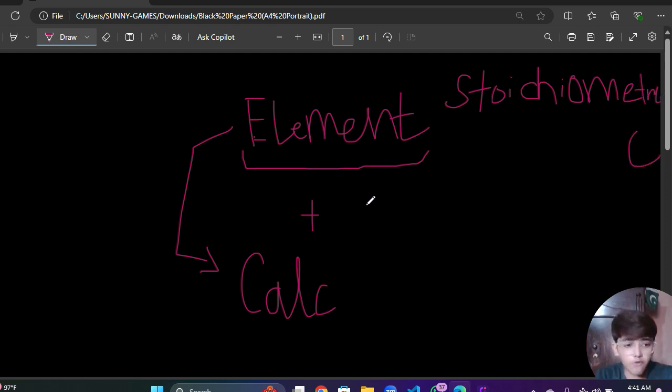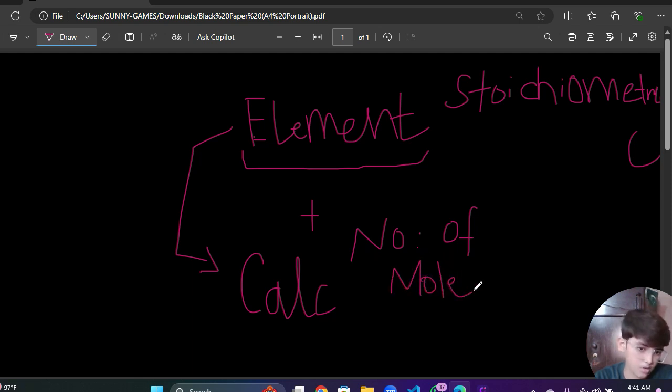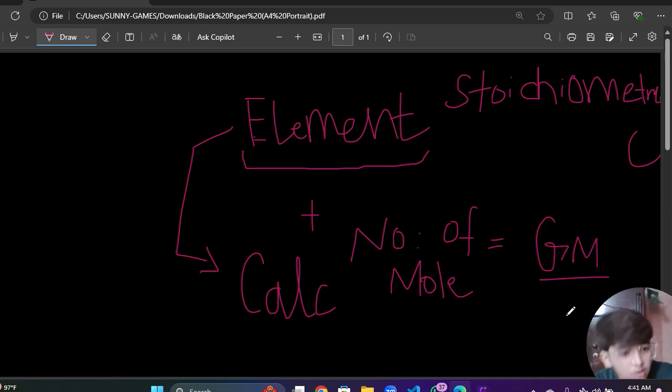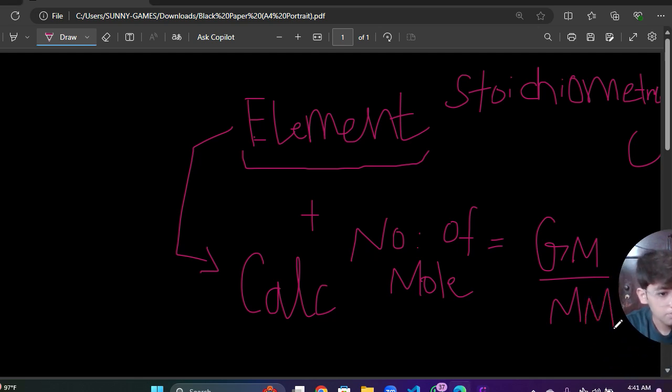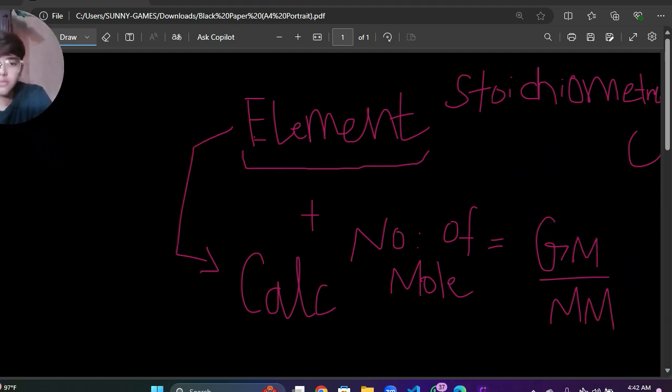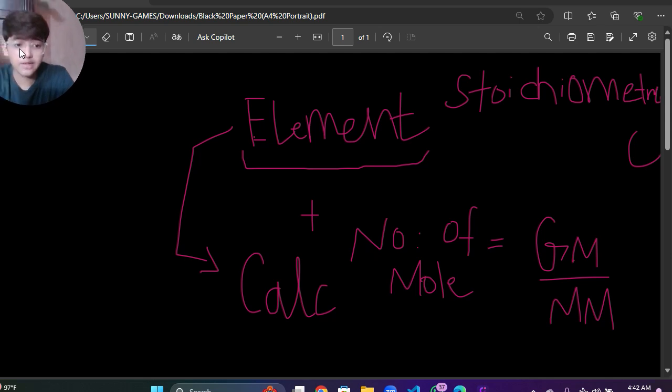Now the formula is number of moles is equal to given mass upon the molecular mass. Let me just correct it here. So basically, number of moles is equal to the given mass divided by the molecular mass.